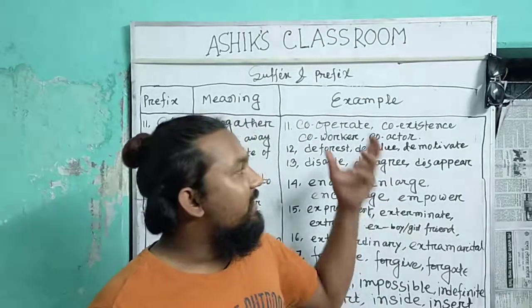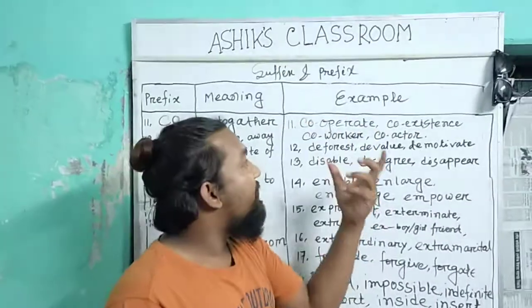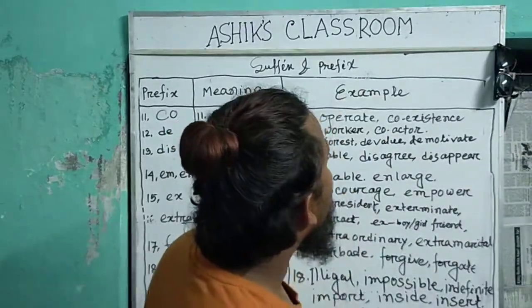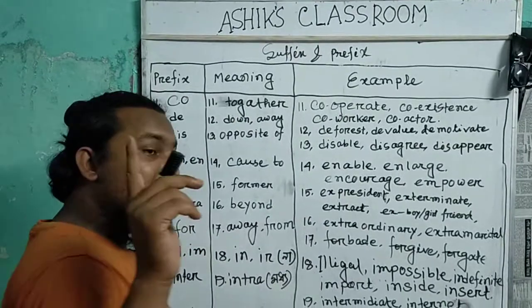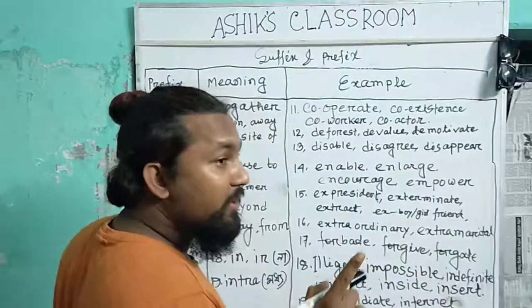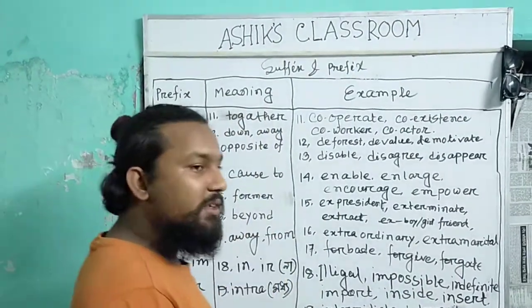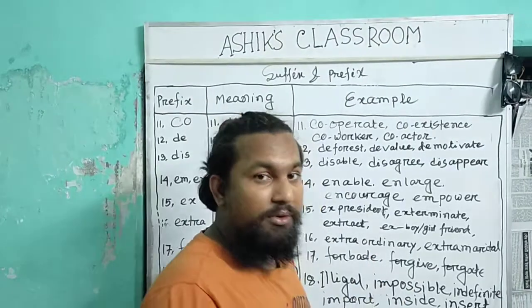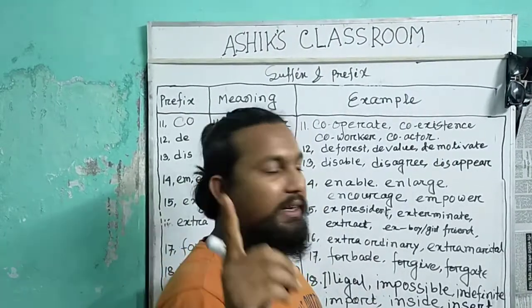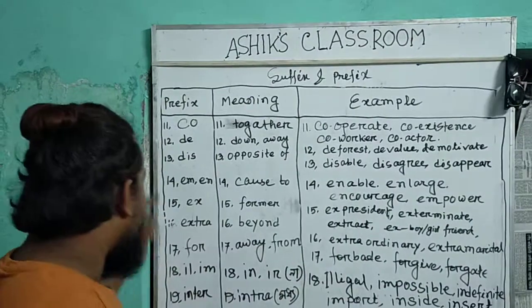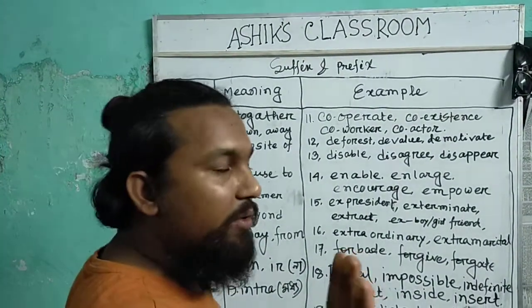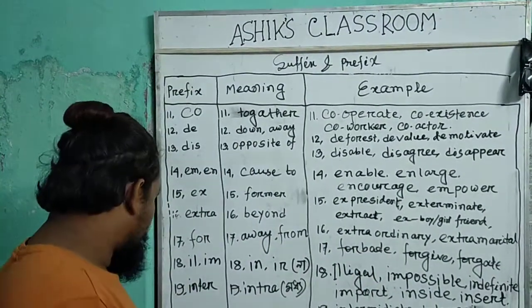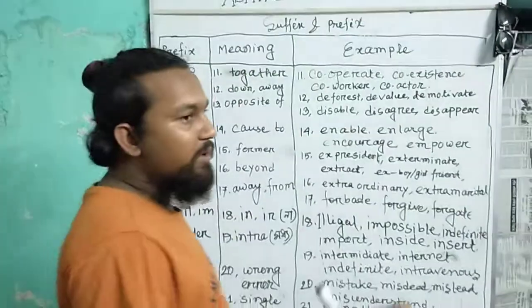Here is a description about suffix and prefix, and you know that it is the second part of your class, because I imparted the first part, from 1 to 10, and now it is from 11 to 25.